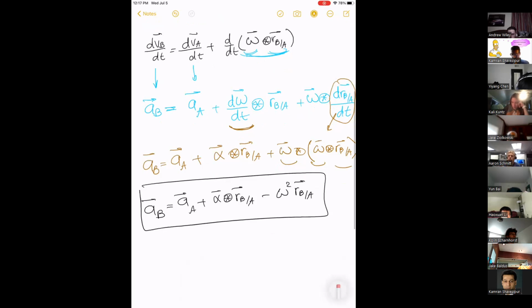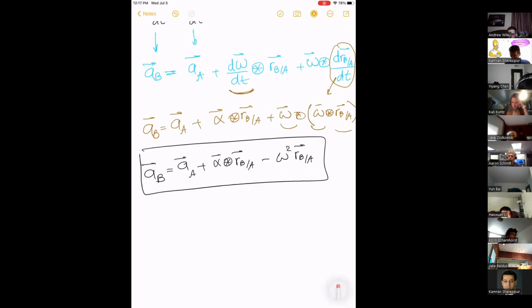Now, if you remember for rotation about a fixed point, we call this tangential acceleration and we call this normal acceleration, right?